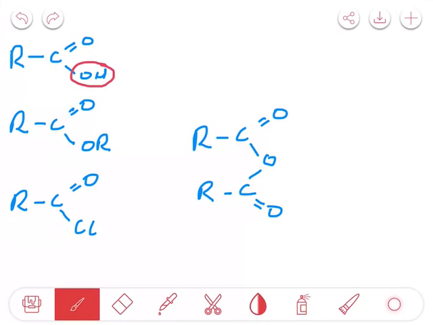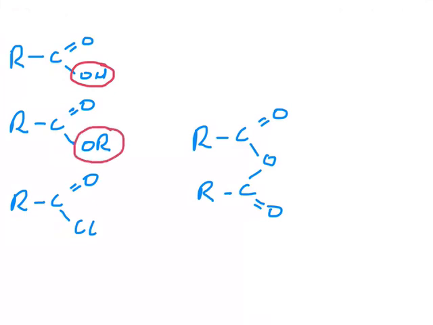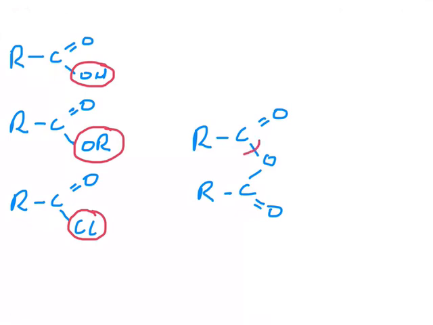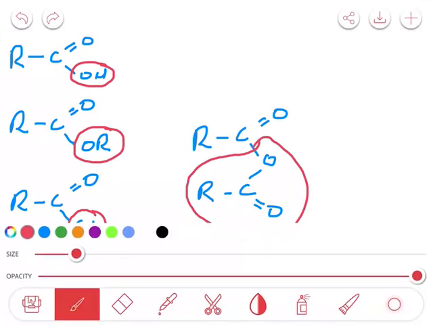The next functional group that we looked at was an ester, which is where this little bit here is an OR instead. In the last couple of videos, we looked at the acyl chlorides, where coming off the carbonyl we have a chlorine. And the final one that we need to look at is what we call the acid anhydrides, which, although it's a big group, is exactly the same.